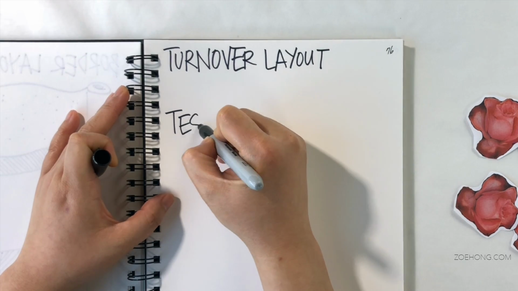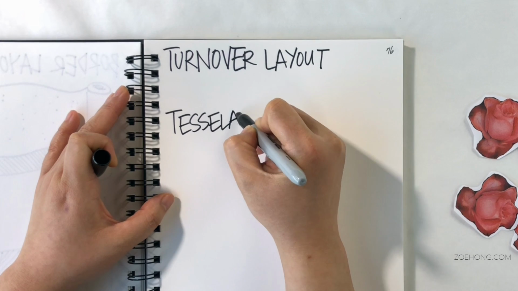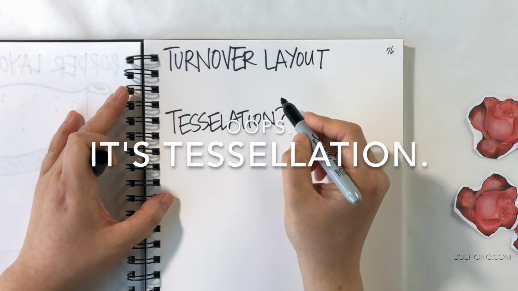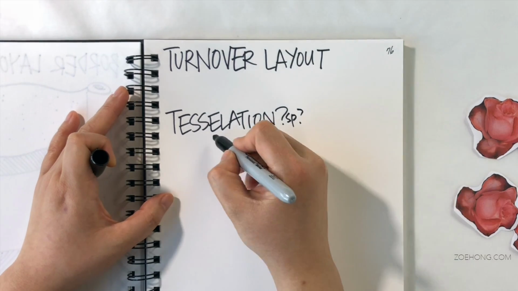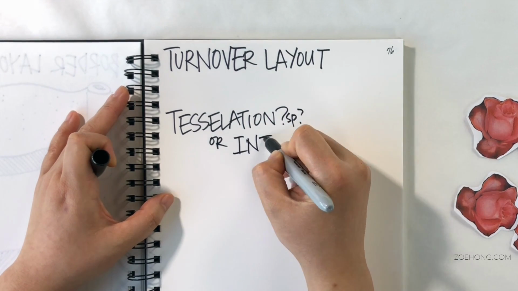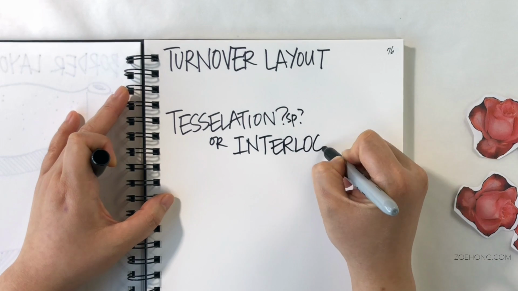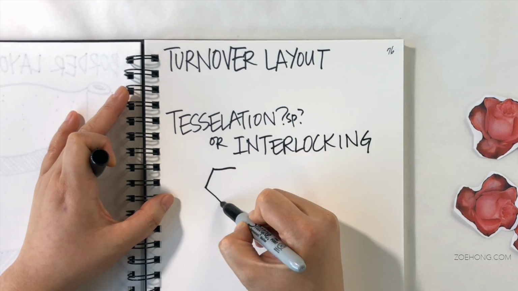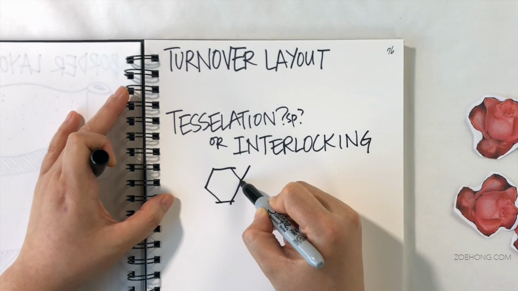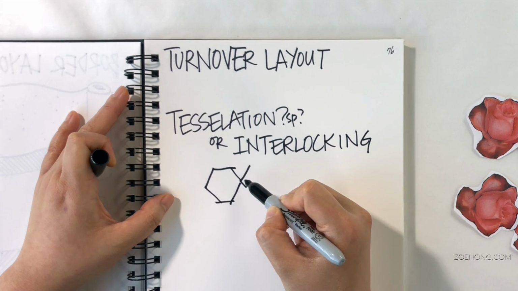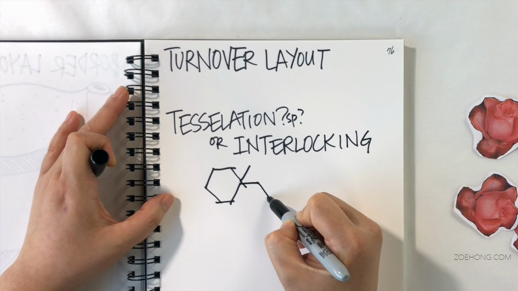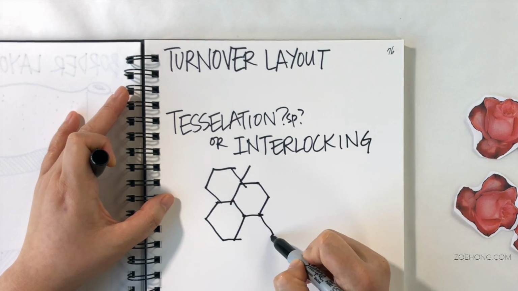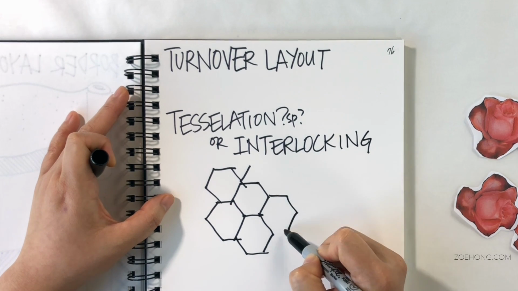A tessellation or an interlocking print is when you have pieces that are interlocked together like a jigsaw puzzle, so you see no background. This is different from having a bunch of flowers overlapping each other and showing no background, like the petunias, but literally interlocking shapes.